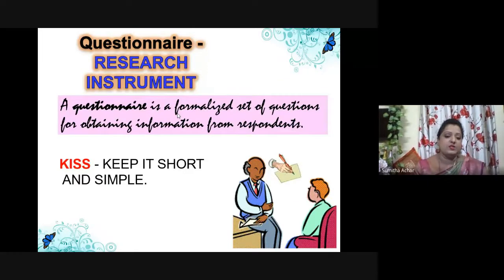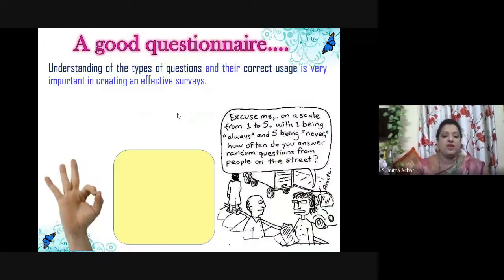In a humorous way, we say the questionnaire should be like a kiss. Why? Because it should be short and simple. It is a researcher's talent to put 100 questions on just one single page, right? You can use tab tables, compound tables, or simple manifold tables. It depends on how you extract larger information in fewer pages.